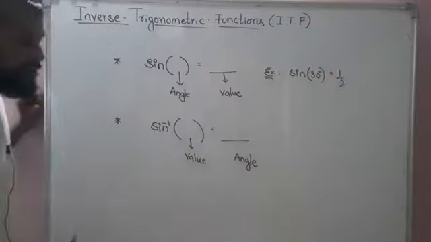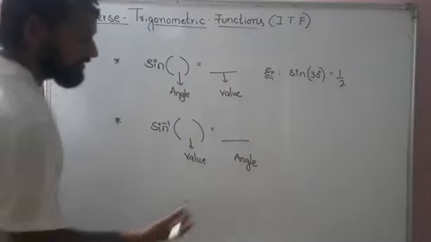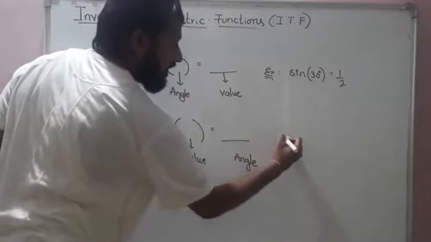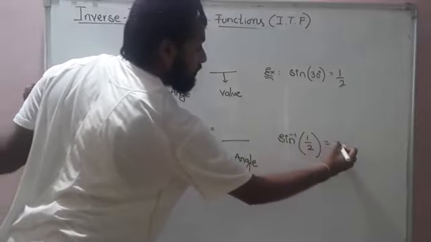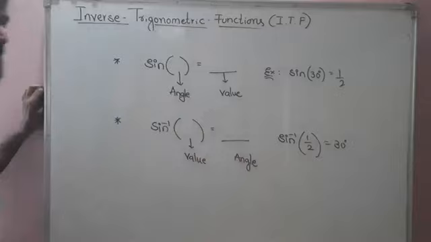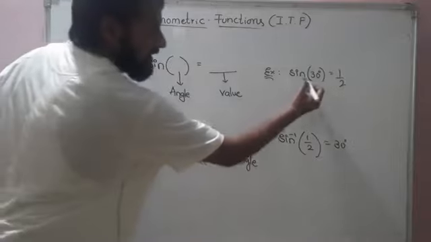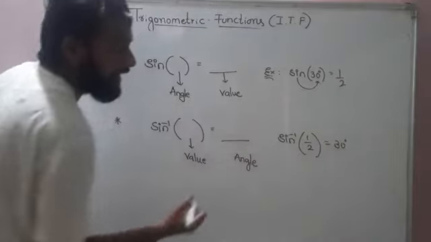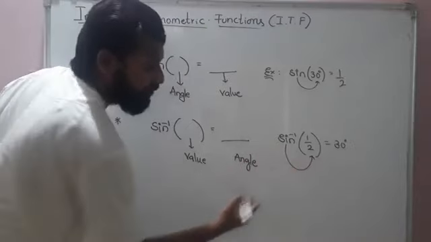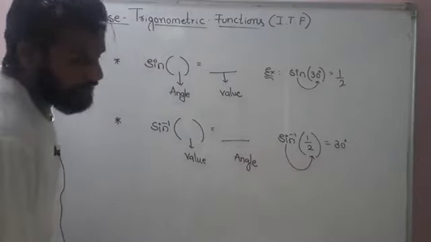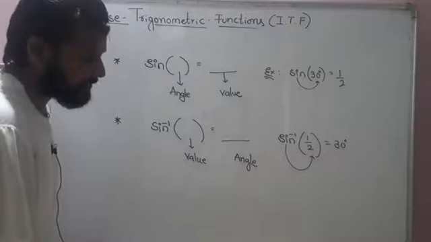This is trigonometry you have studied in first year. In this year, what we are going to do now is sine inverse of half, which is equal to 30 degree. So you can easily see that in the sine function we will be having angle as the domain, and in sine inverse we will be having value as the domain. This is very, very important.